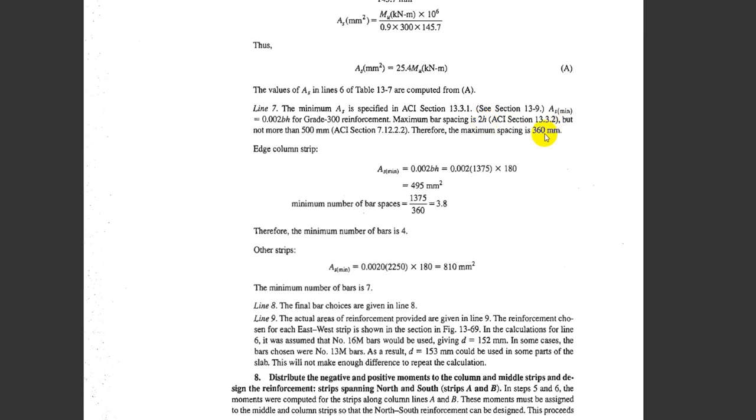And even so, your spacing cannot be farther than 500 millimeter. As I told you, a good engineer comes with good detail. This is the law, regulation, requirements, and the more you memorize them, the more efficient an engineer you will become.